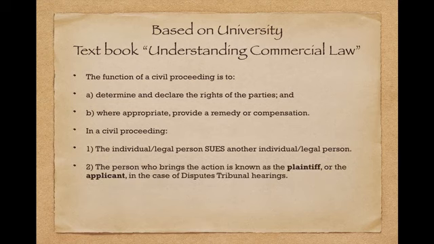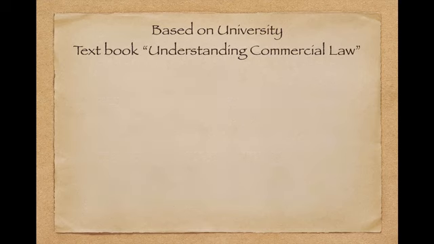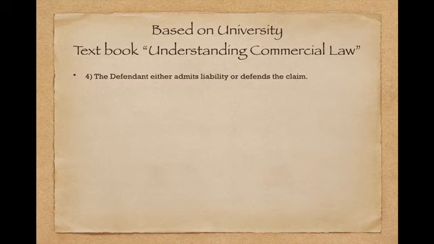The person who brings the action is known as the plaintiff, or in a disputes tribunal case, they're called the applicant. The person against whom the action is brought is known as the defendant, and once again, disputes tribunal, it's the respondent. The defendant either admits liability or defends the claim.